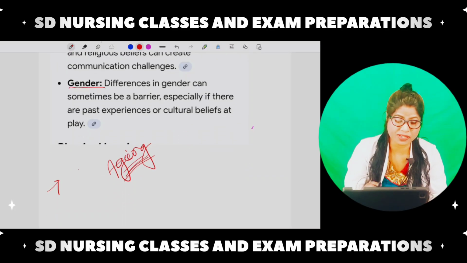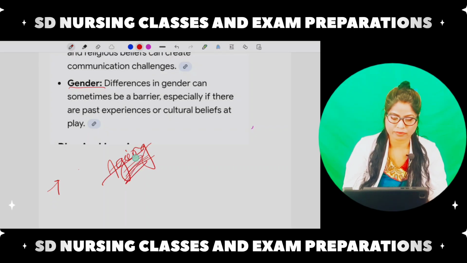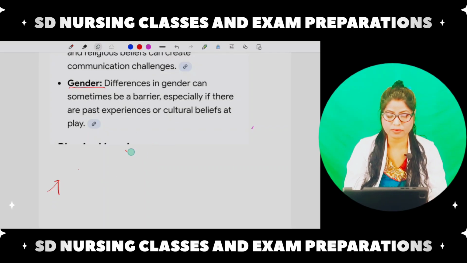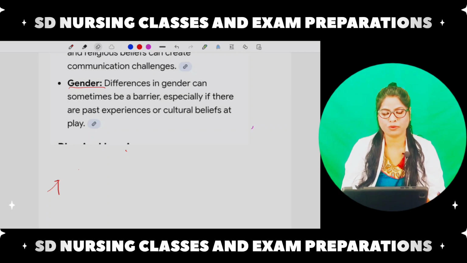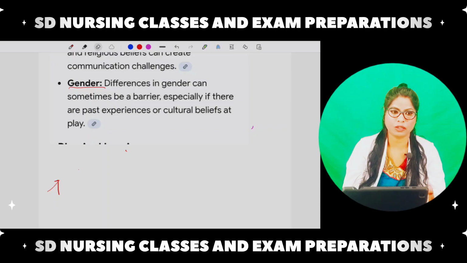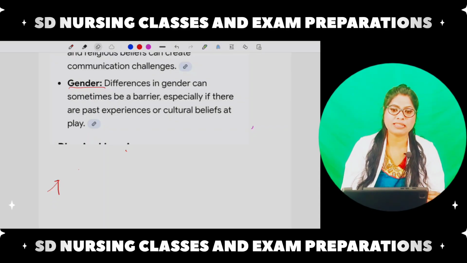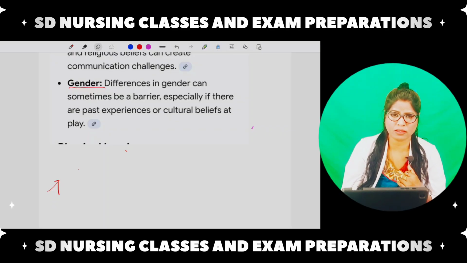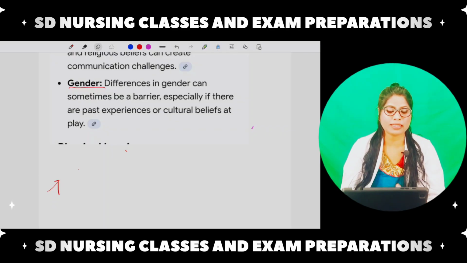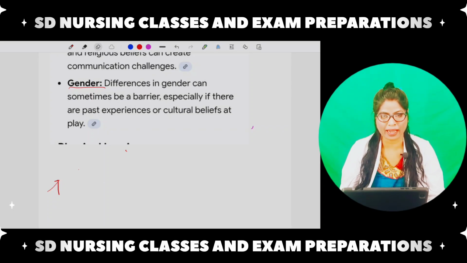Then gender. Sometimes it is difficult for the health worker, like a nurse, to manage the opposite gender. If the nurse's nature is different, if she is shy or an extreme introvert personality, this type of nurse can't manage male persons. So in this case gender is also a big barrier.